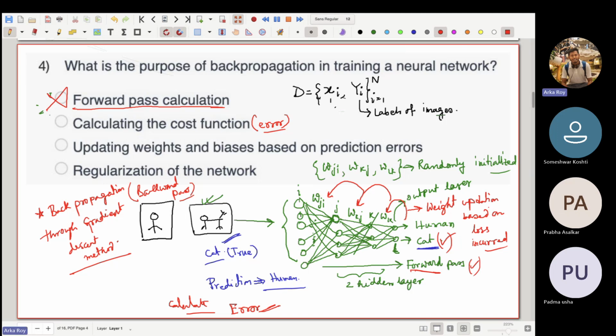Till this point, when you calculate the error, you have not reached the point of backpropagating the loss value. It is just after the forward pass that you check whether your prediction is correct. If it is not, you calculate the error, which is also called the cost function. So it is also not involved with backpropagation.